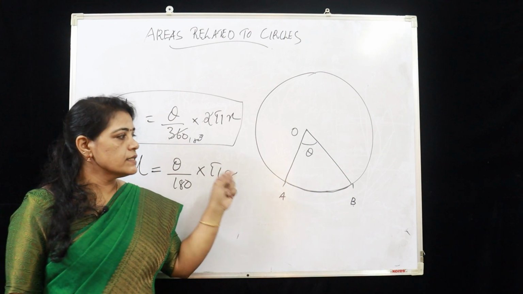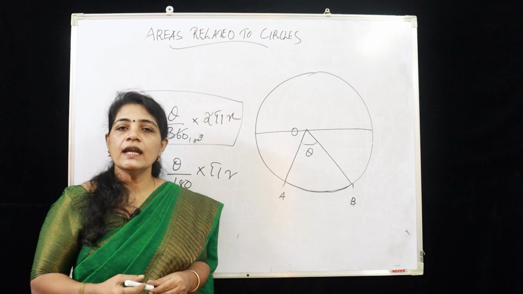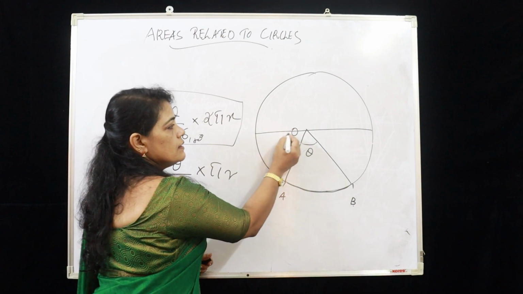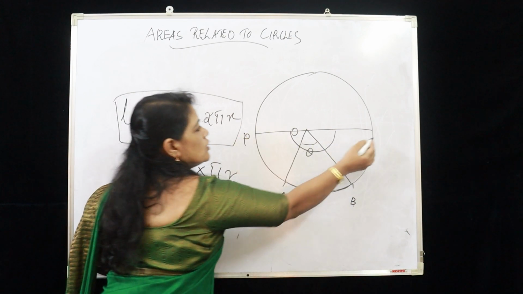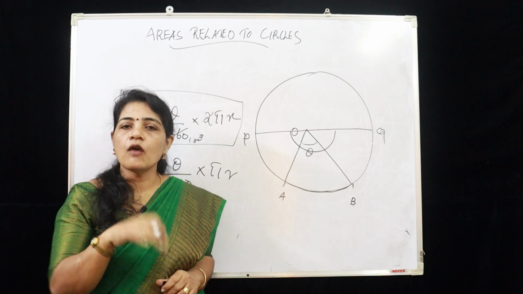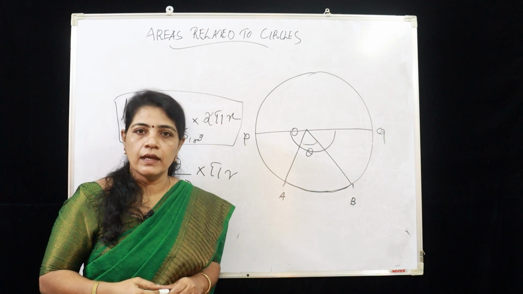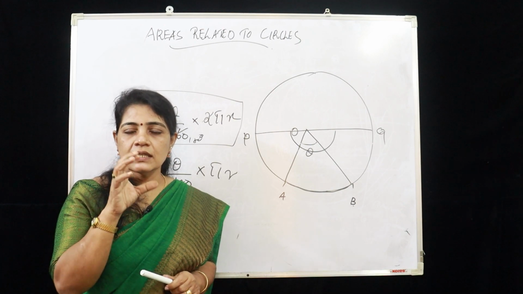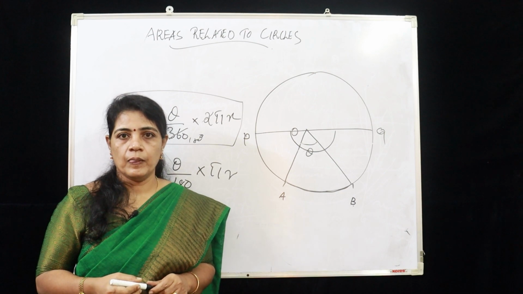And if the endpoints of the arc subtend 180 degrees at the center, what is the arc length of this PQ? This PQ is exactly half of the whole circumference, that is 2 pi r by 2, that is pi r. That is, the arc length of a semicircle is pi r.